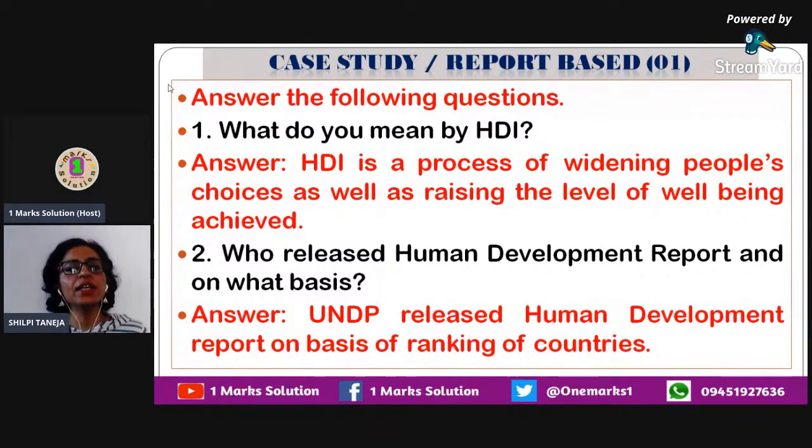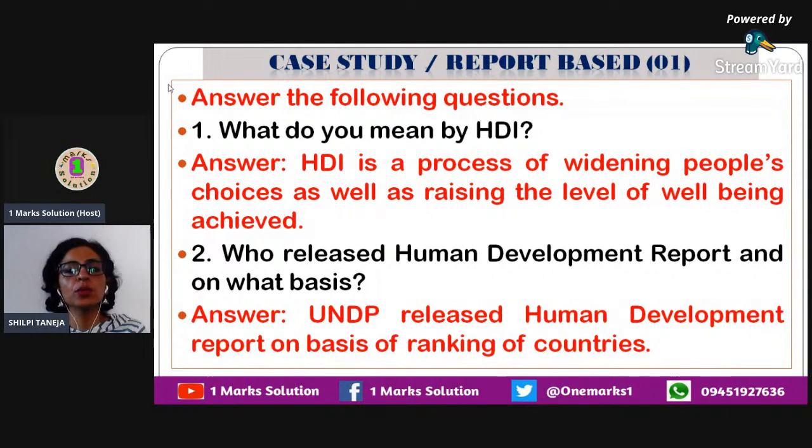So there are many indicators, right, which show, as well as the standard of living we can see. So Human Development Index is a process which widens the people's choices, right? They are able to make choices as well as have higher living standards. So raising the level of well-being achieved by the people is given by the Human Development Index.